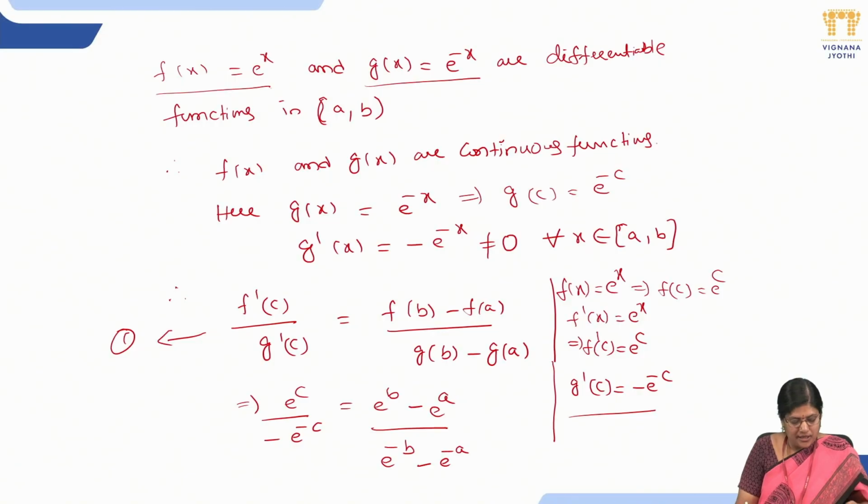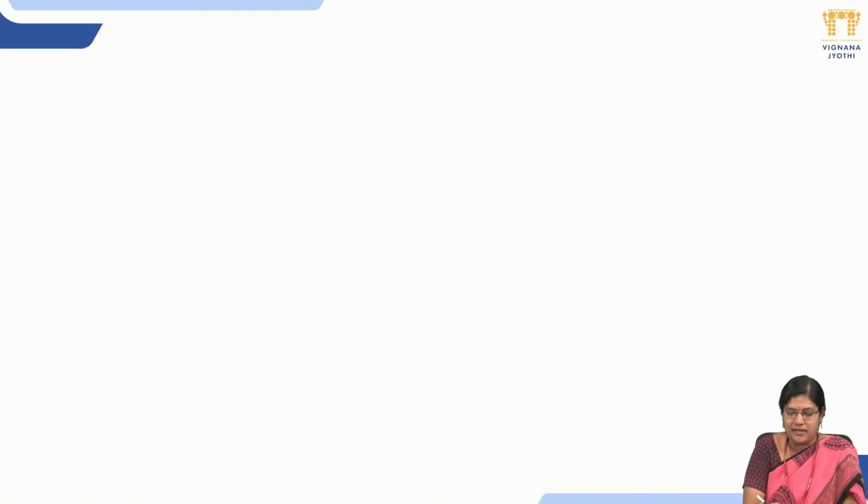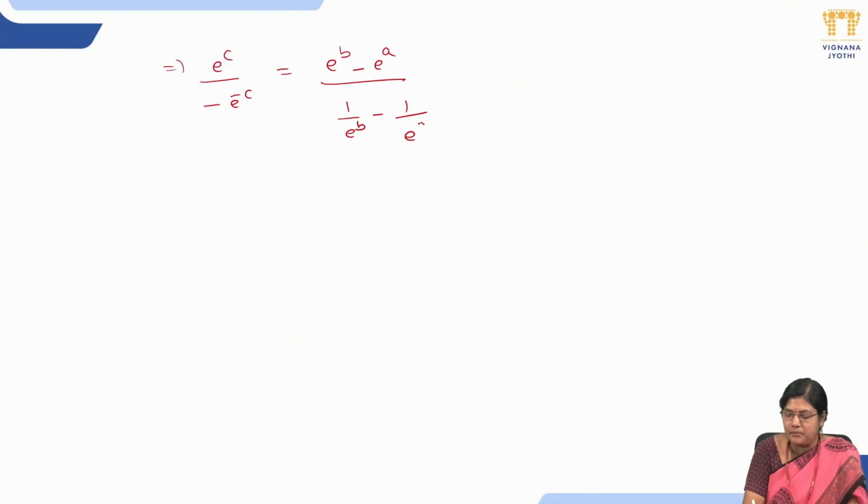Simplifying the expression, we have e power c by minus e power minus c is equal to e power b minus e power a divided by e power minus b, which can be written as 1 by e power b, minus e power minus a, which can be written as 1 by e power a.